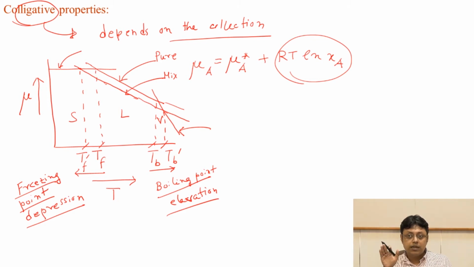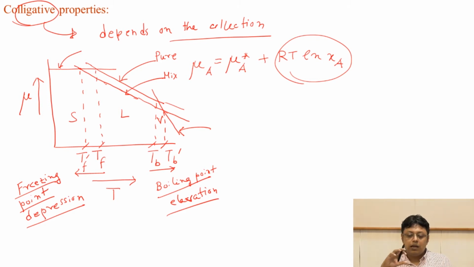So only in the liquid state the solution exists, and the chemical potential of the solvent, which was a pure liquid, and when we added the solute it becomes a solvent, is actually suppressed in presence of a solute.